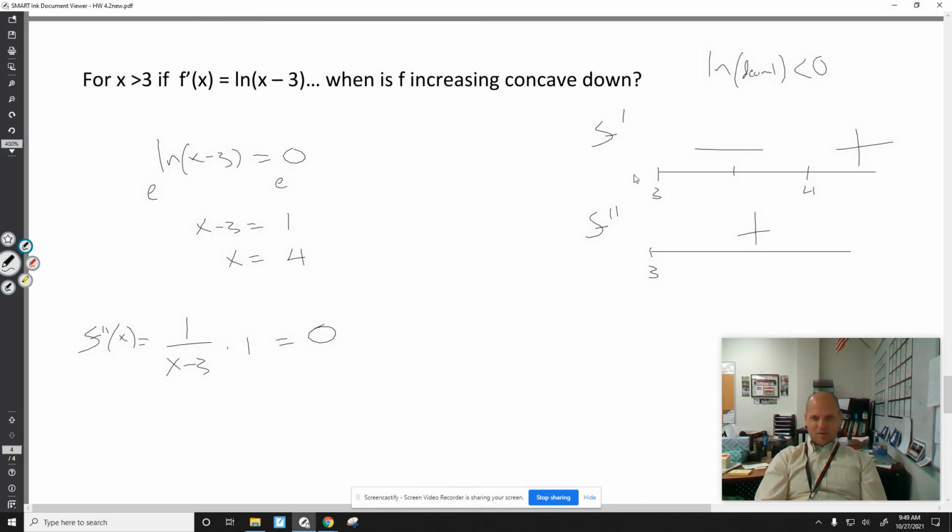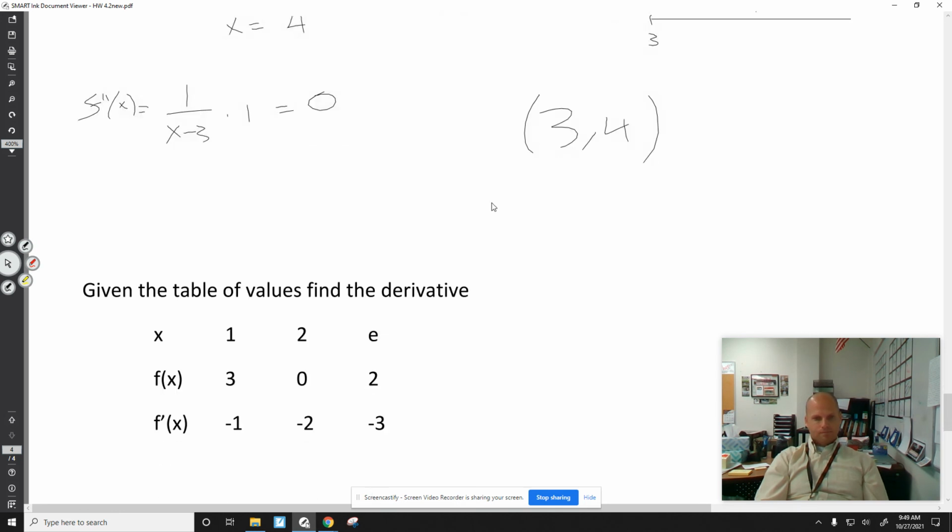And so don't worry about it. It's not going to be on your quiz. F is increasing. F is concave down. Never. So change this to decreasing. Concave up. And you'll have your answer, 3 to 4. Not a great question. Don't worry about it.